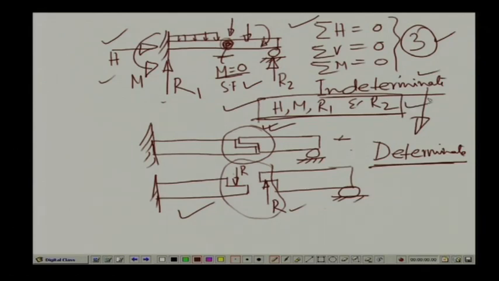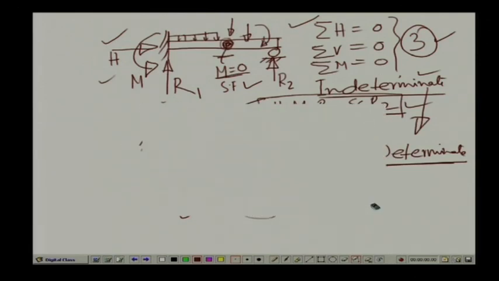Now, if we have a determinate beam, in which case we do not have this support, it is just a cantilever, then if we have the cantilever beam which is fixed at this particular end, and if we like to introduce this articulation over here, again this is subjected to different kinds of loading, distributed loading, concentrated loading, maybe a concentrated moment.